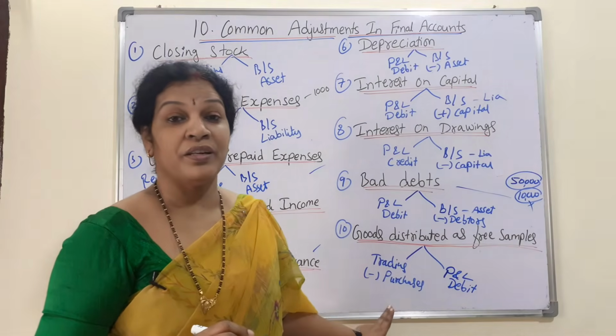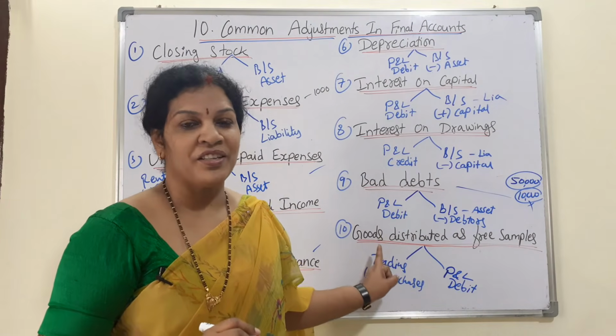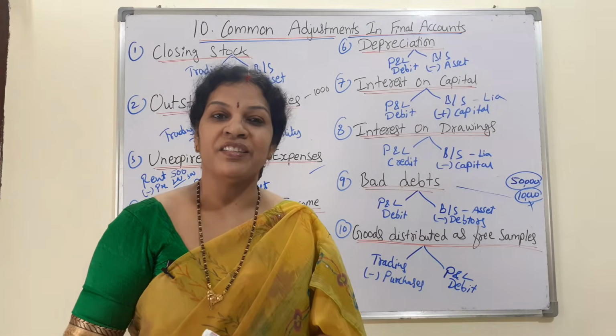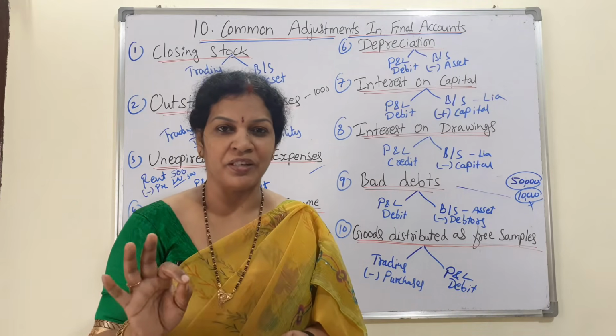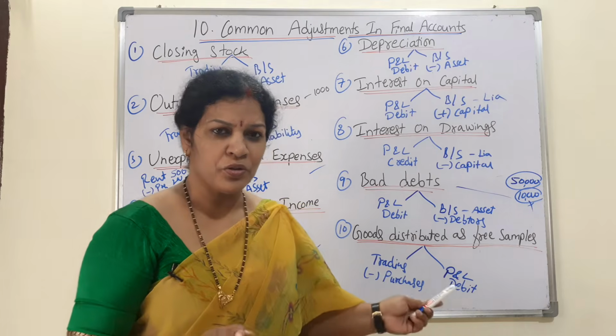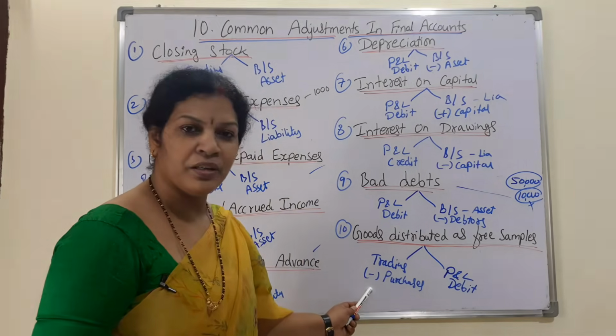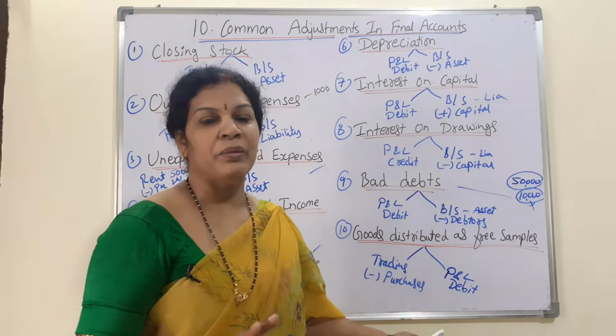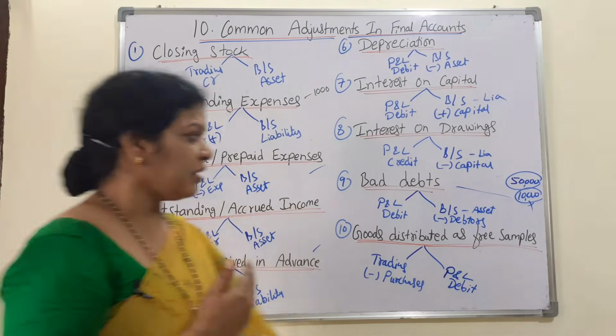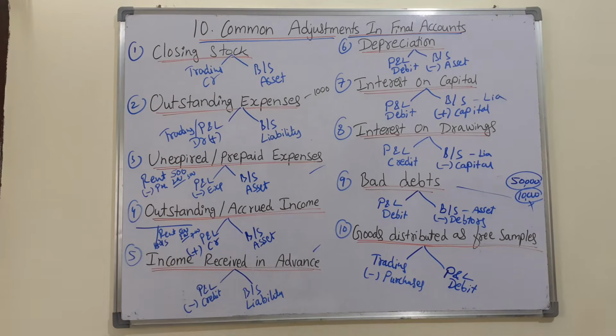This transaction doesn't make any difference in the balance sheet. It will not be shown there, because we have taken it twice. One time in the trading account, deducted from the purchases. Second time on the P&L account debit side. That's all. You can take a screenshot or note it down.